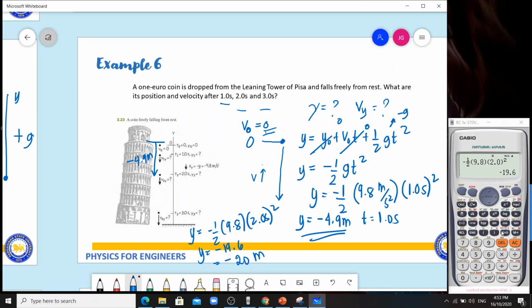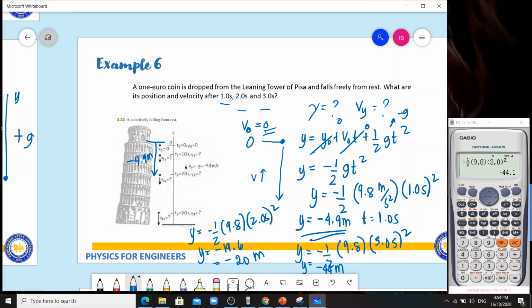Next is 3 seconds. Negative 1/2 times 9.8 times 3.0 seconds squared. We just replace t with 3. So our position is negative 44 meters.